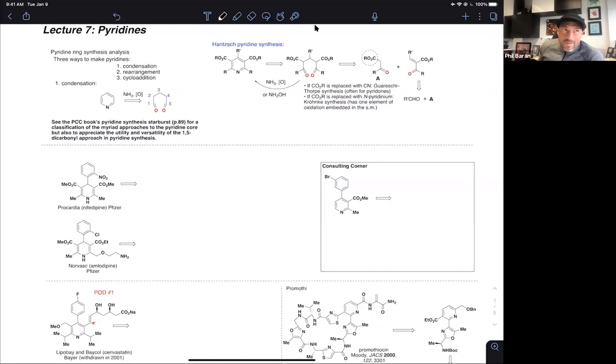But I would say in all my years, if I had to say how often I'm recommending rearrangements and cycloadditions, it is probably 5% or less of the time. It happens on occasion. I'll show you an example of it today. 95% of the time, though, when we're proposing to make a pyridine, we're going to do it through condensation.